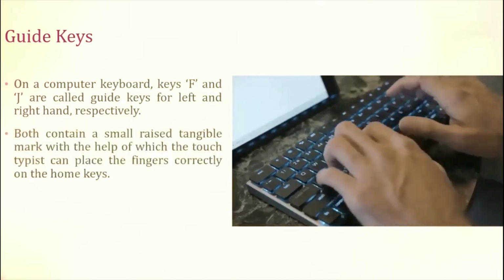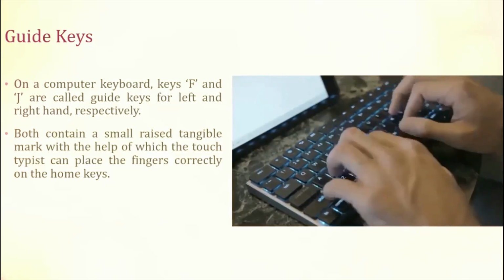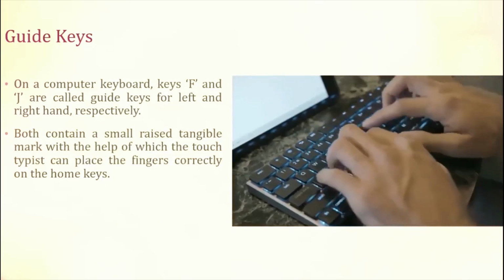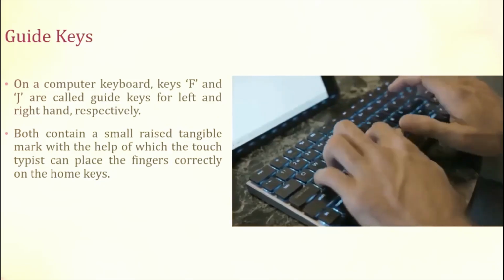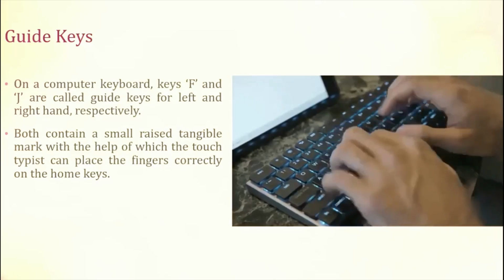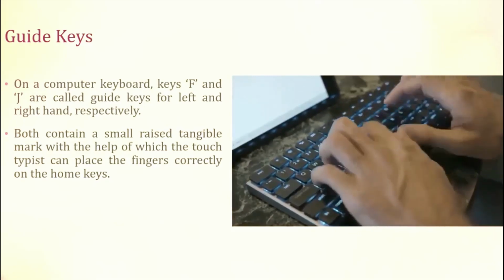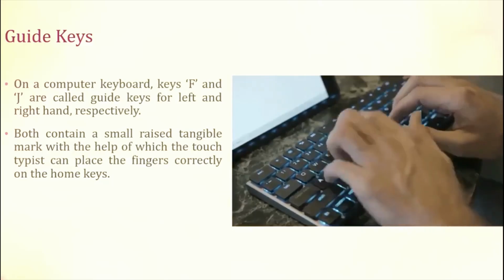Both contain a small raised tangible mark with the help of which the touch typist can place the fingers correctly on the home keys. That means the physical structure of these two keys F and J is slightly different from the other keys present on the same keyboard.